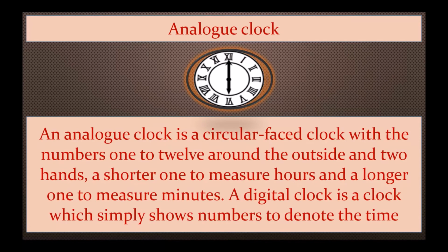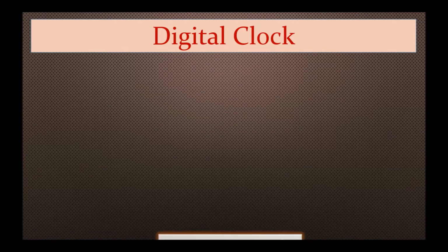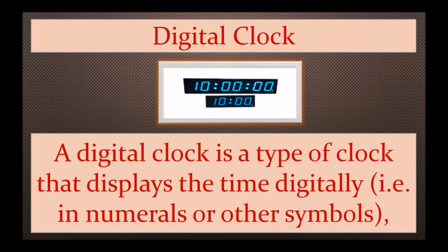The digital clock is a clock which simply shows numbers to denote the time. The digital clock is a type of clock that displays the time digitally, that is in numerals or other symbols.